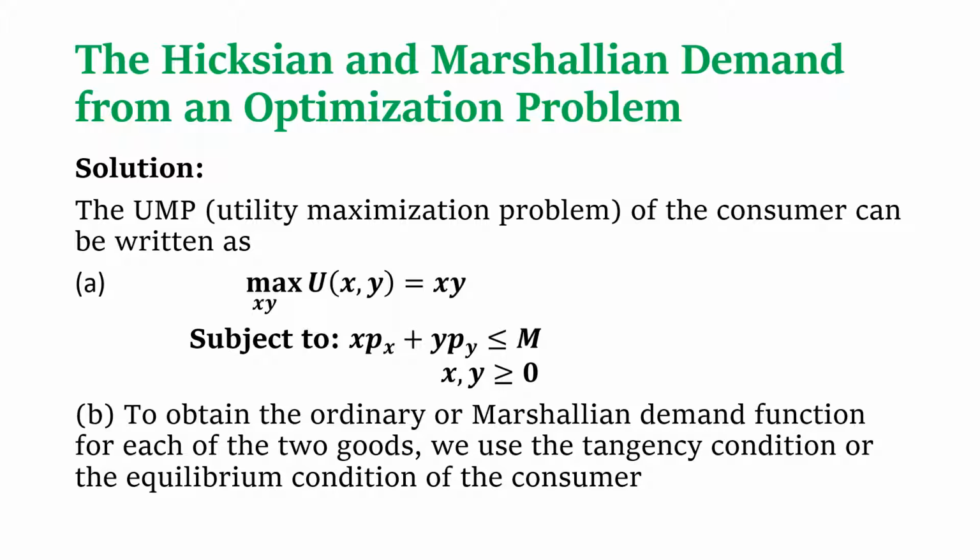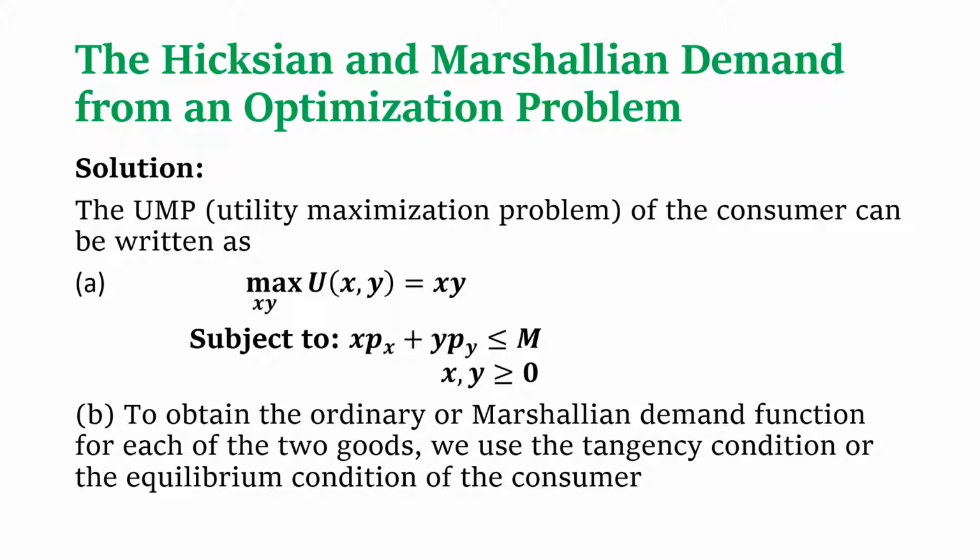And then subject to what? Remember, we are assuming that this consumer is only consuming two goods, and so the sum of the expenditure on the goods must be less than or equal to the income, or his budget. He cannot spend beyond his budget. That is why you see the less than or equal to sign there.